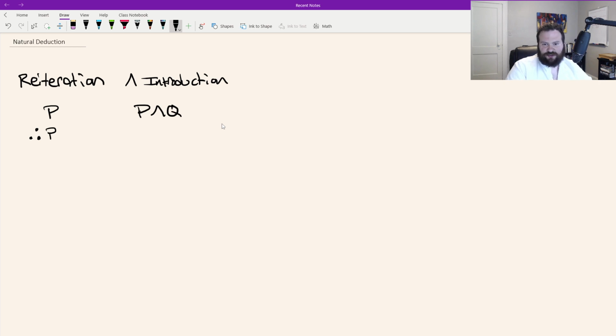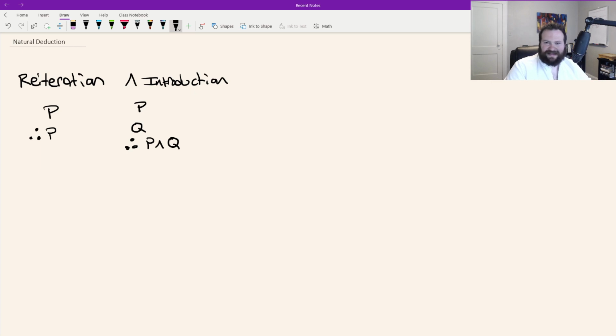If a conjunction is true, both sides of it have to be true, right? Well, the reverse holds as well. So if I know that P is true, and I know that Q is true, well, it follows that I know that the conjunction between the two is true. Okay? That's all conjunction introduction is going to do for us.